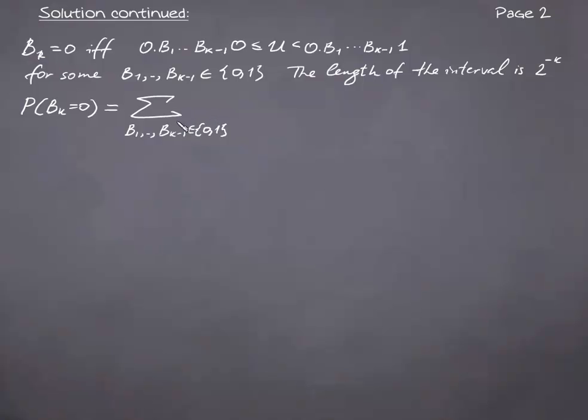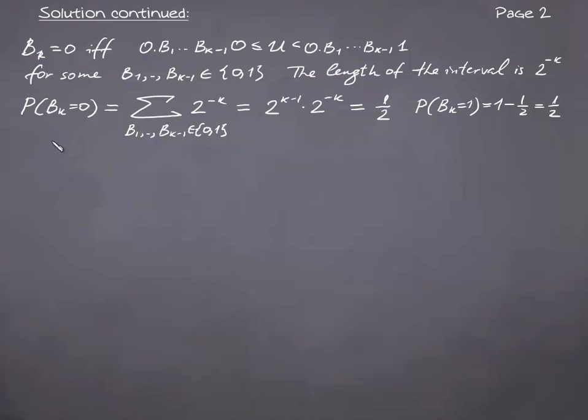Clearly, all these choices are mutually exclusive, and for each choice the probability is equal to 2 to the power minus k. Since there are 2 to the power k minus 1 choices multiplied by this probability, we obtain that the final probability is 1/2, and bk is 1 with again probability 1/2 as well.